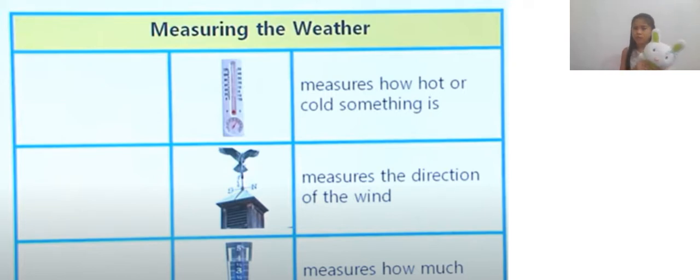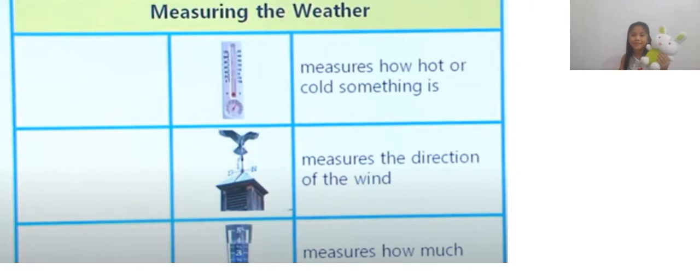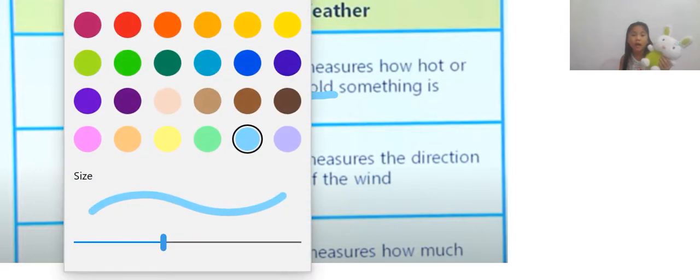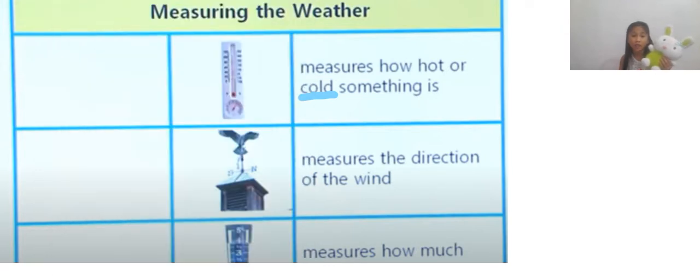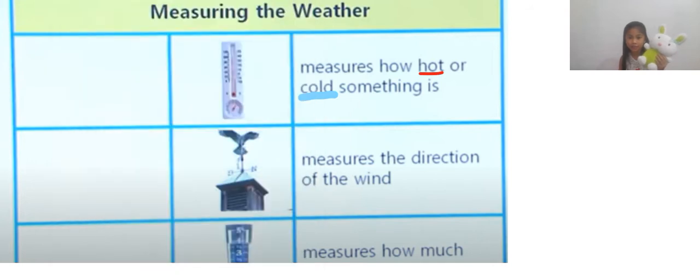Hot, cold, what are they? What kind of things are they? Yes, you're right. Cold is a temperature. What about hot? Is hot a temperature? Yes, it is. It is a temperature.